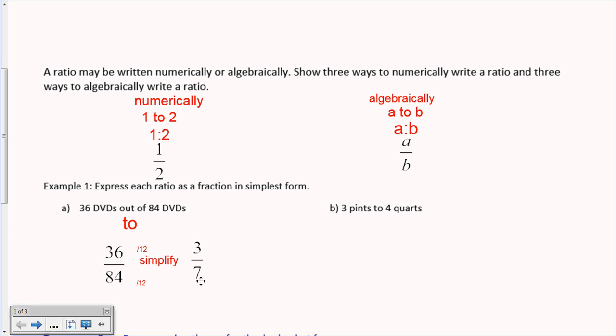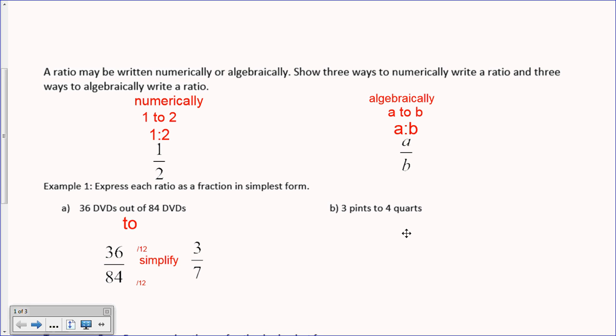That's my ratio. Okay? B, we have 3 pints to 4 quarts. So because we're comparing these, they actually need to be the same kind of thing. Okay, same measurement. When we say girls to boys, we're still talking about kids. When we say blue shirts to red shirts, we're still talking about shirts.